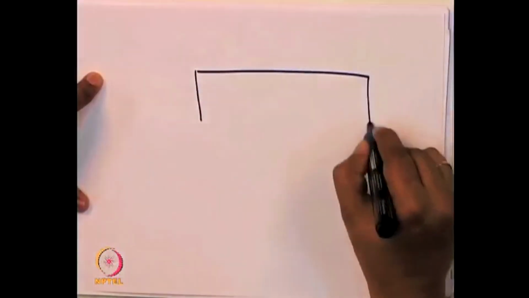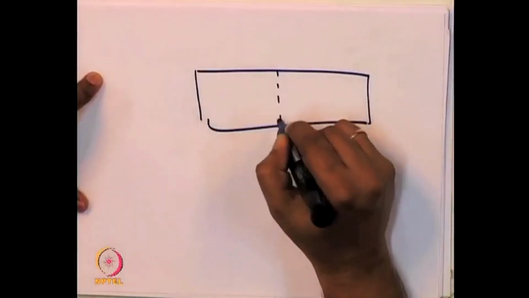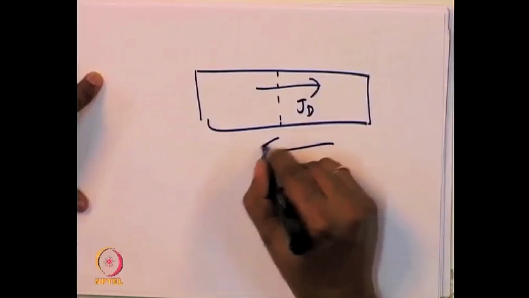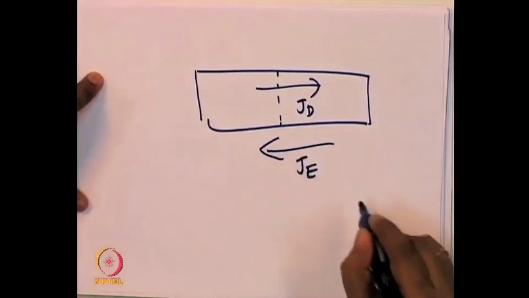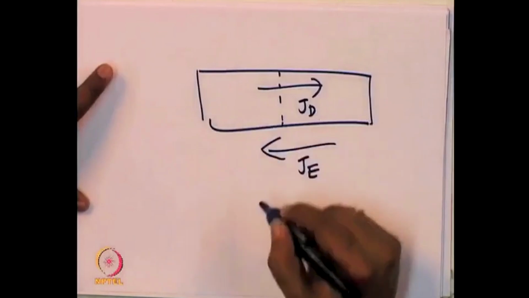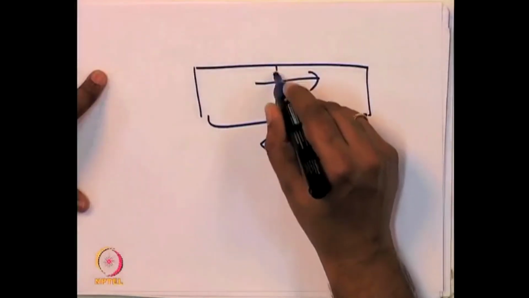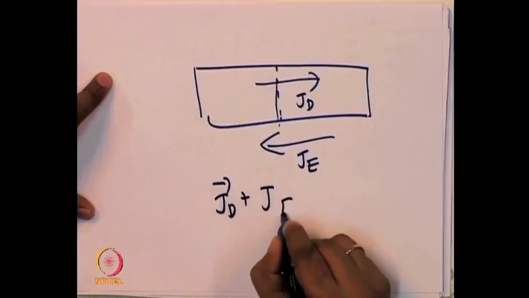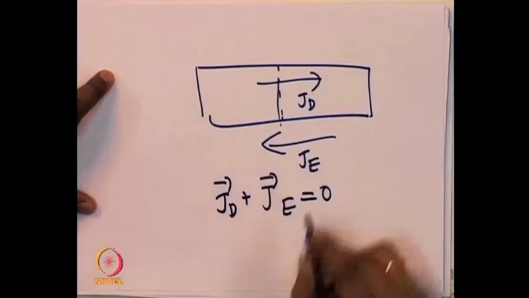Let us go and calculate this, but before that let us understand the idea of equilibrium a bit more. What did we say just now? There are two flows: there is J D, and in this way there is J E. They have to be equal and opposite, or in other words, at this point the total flow, J D plus J E, has to be 0.